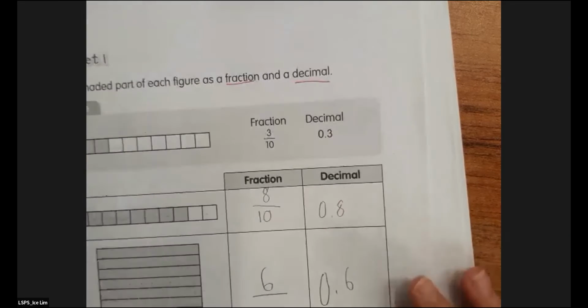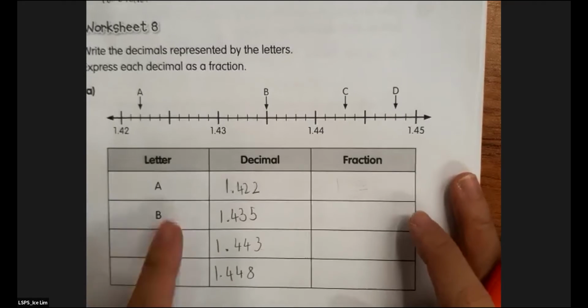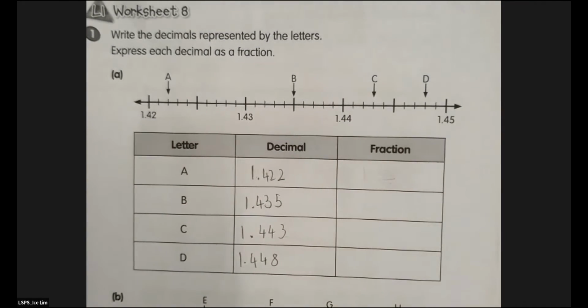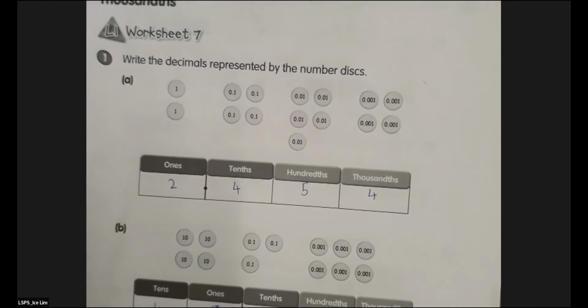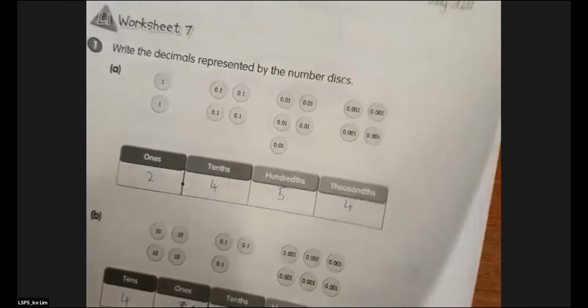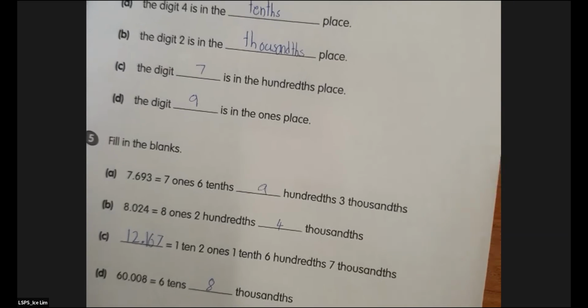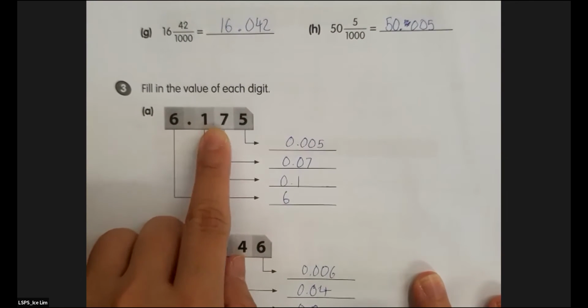The same way applies for thousands. So in Paha's worksheet, in this case, he wrote here, he wasn't very sure how to do this. This is page 21. If I go back to the first page on thousands, and any example, like let's say this one here, 6.175, page 18.